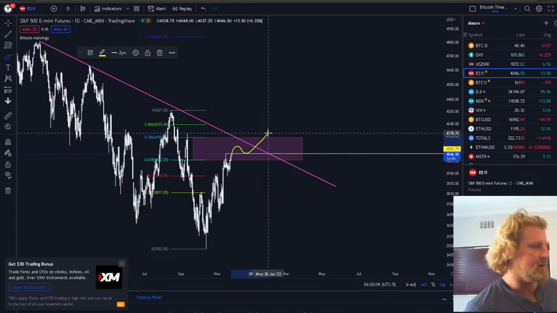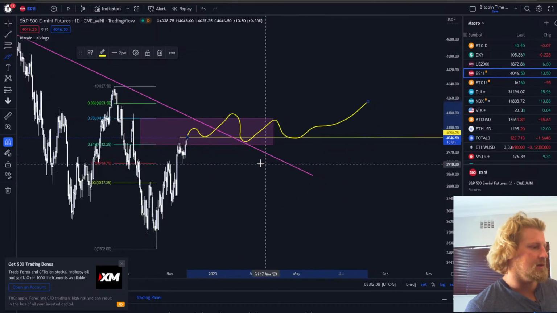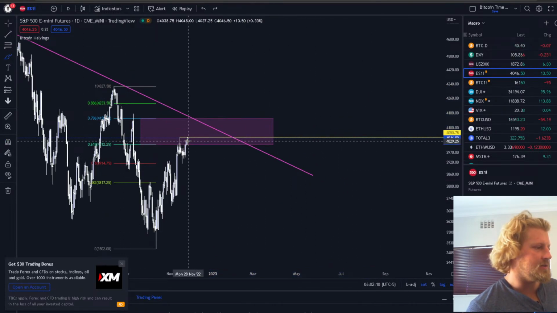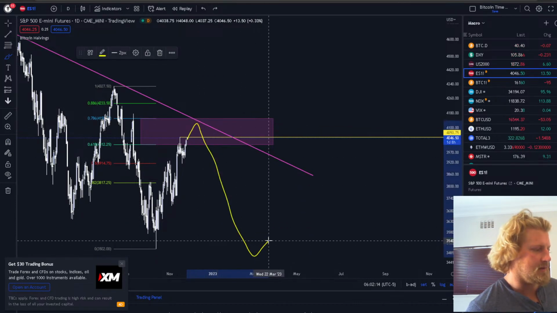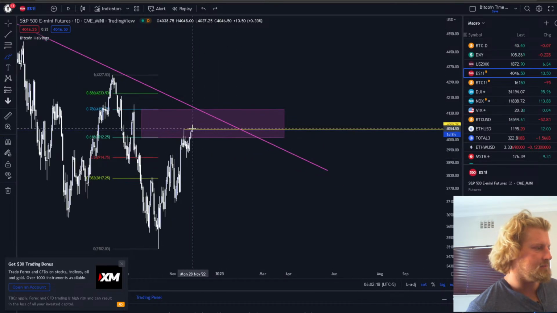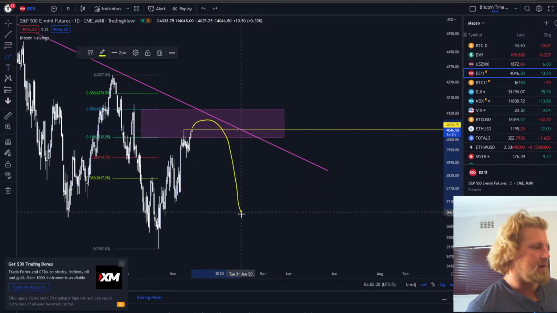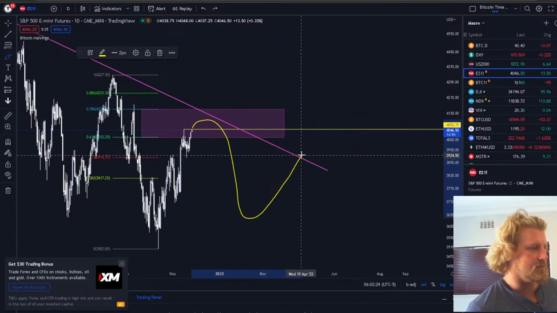We need to break above here and create market structure this side, instead of getting rejected up here, and then it's going to make a new low. But although it's overextended here, it can come up here and make a higher low in the shorter or the medium term, right?